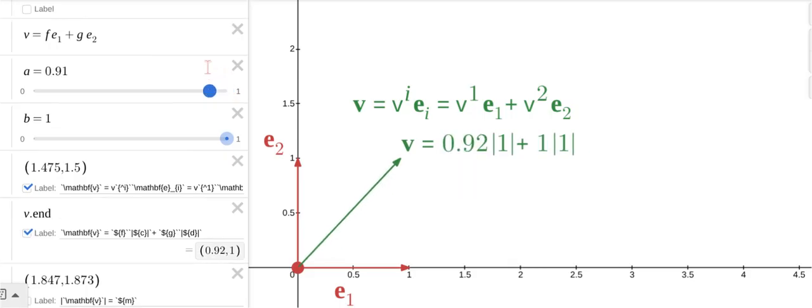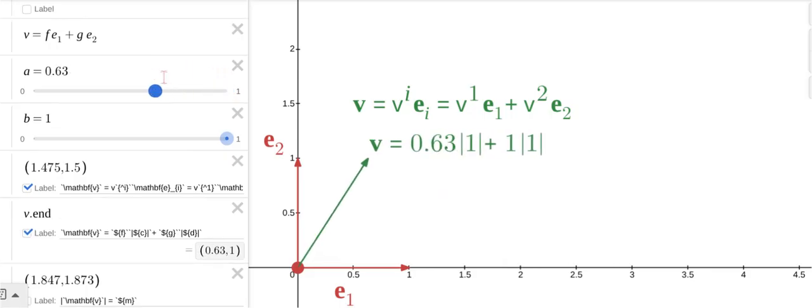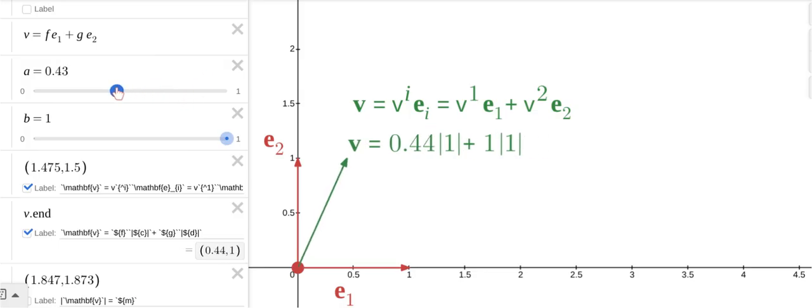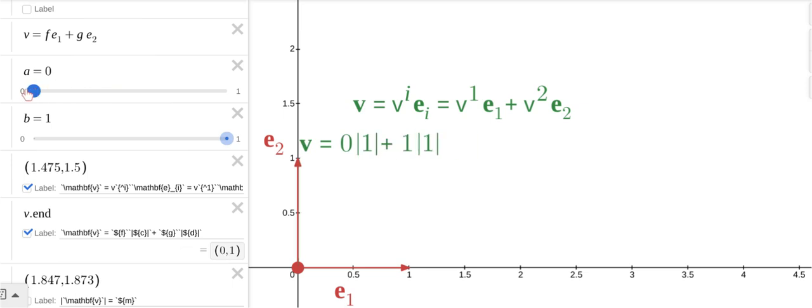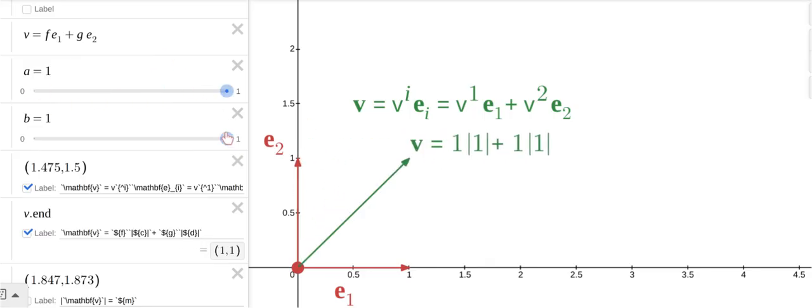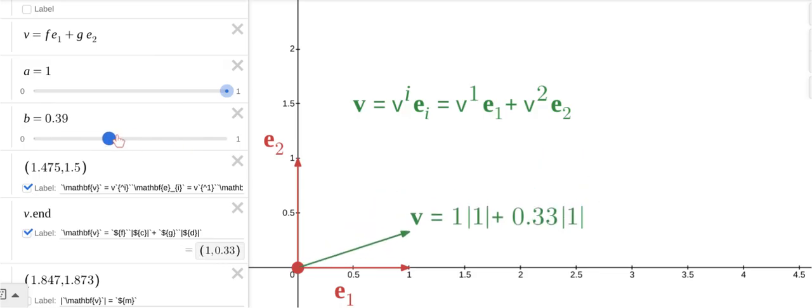So if I start moving V1, do you see? It is dynamically changing the component of the vector, and that changes the vector. So now this vector is 0 E1 and 1 E2, right? And obviously you can do the same thing to V2.